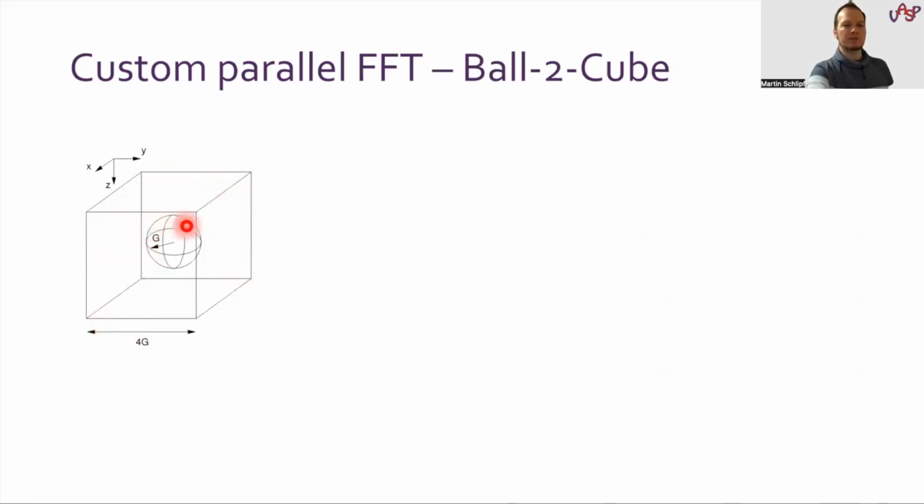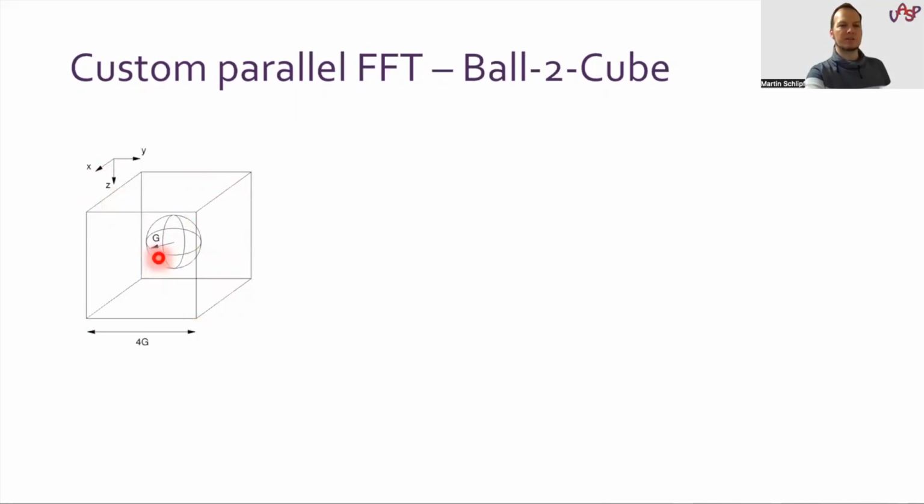So now we need some method. In principle, of course, you could use an FFT where you use all these G vectors and just set everything to 0 that is not inside the sphere and then use a normal 3D FFT. But you can see that the sphere is much smaller than the grid that we use, so this will result in some wasted resources.